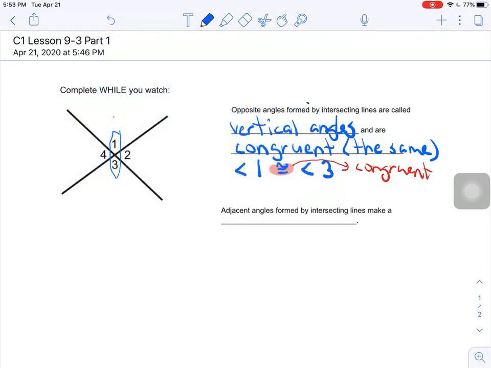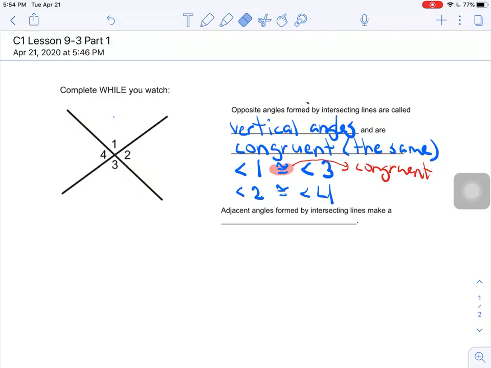Usually we reserve equal signs for working with numbers, and when we're comparing shapes like angles, we use a congruent symbol instead of an equal symbol. We also have another pair of vertical angles. In this diagram, angle 2 and angle 4 are also congruent. So we have two different pairs of vertical angles.